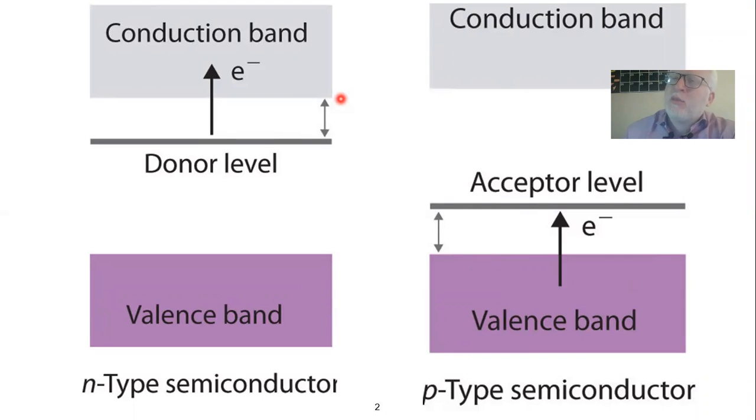Whenever we turn to an extrinsic material, I mean, with the injection of impurities, these impurities can be a 5th group impurity or a 3rd group impurity. For the 5th group impurities, the number of electrons increases, that's why we call it an n-type. And now you will find that the Fermi level starts to go upward toward the conduction band.